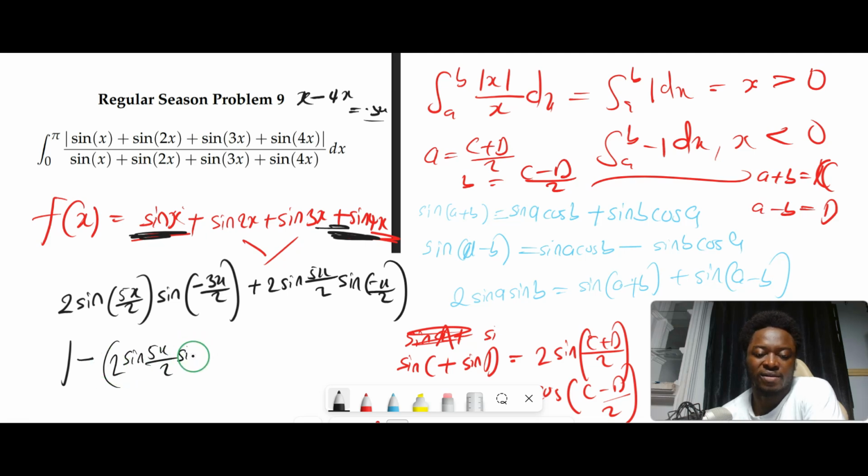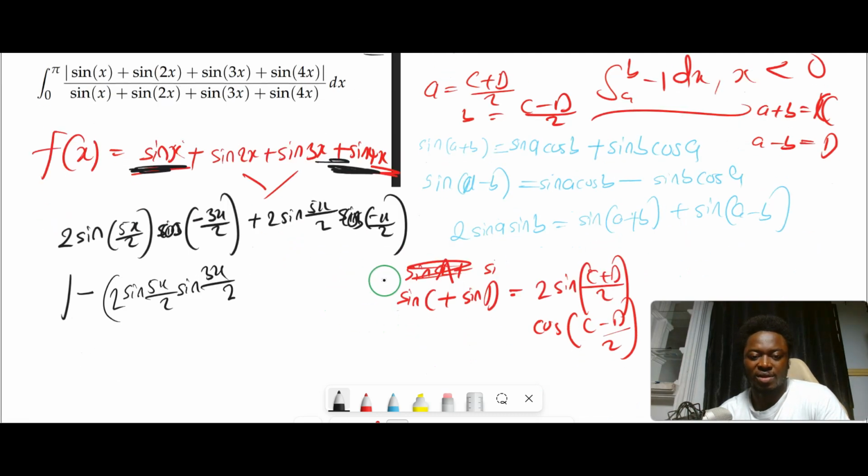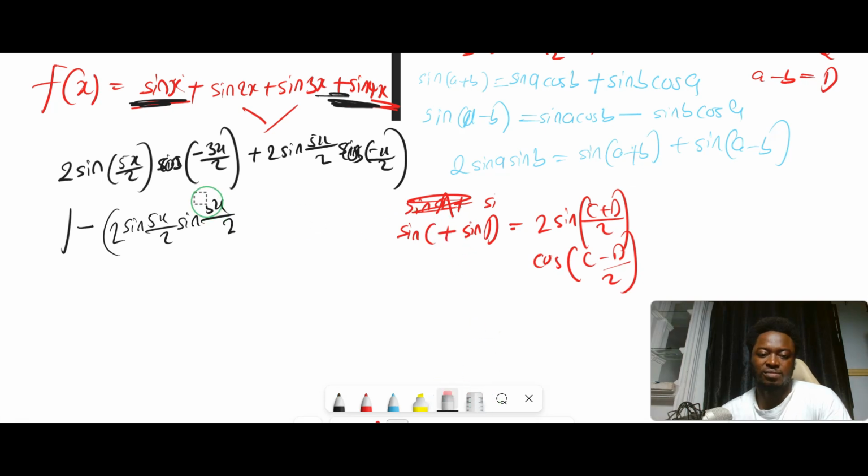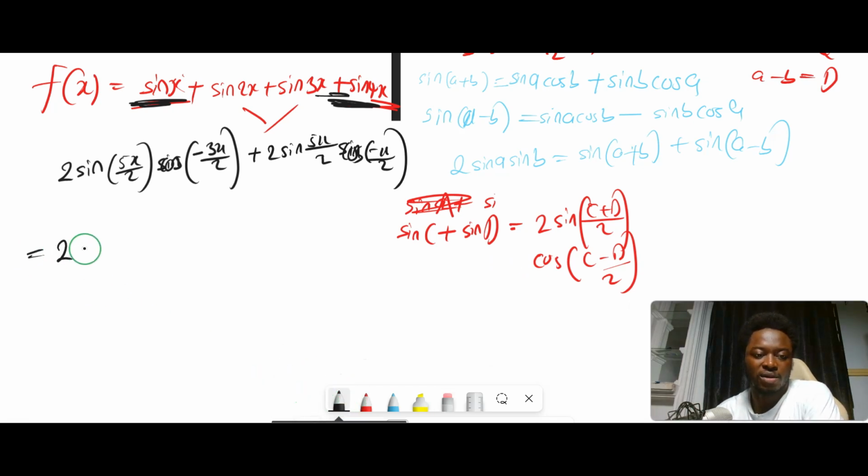And then you have sine of 3x over 2. And then you have, okay, no, it's not even sine. This is cosine. What am I doing? The second term should be cosine. So this is cosine of this. Let's write it more clearly. So this is going to be twice of sine of 5x over 2, and then cosine of 3x over 2.